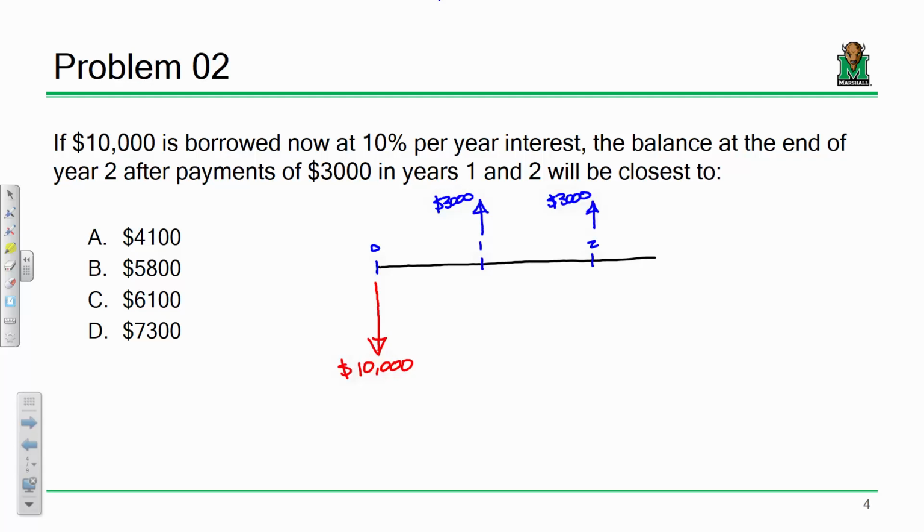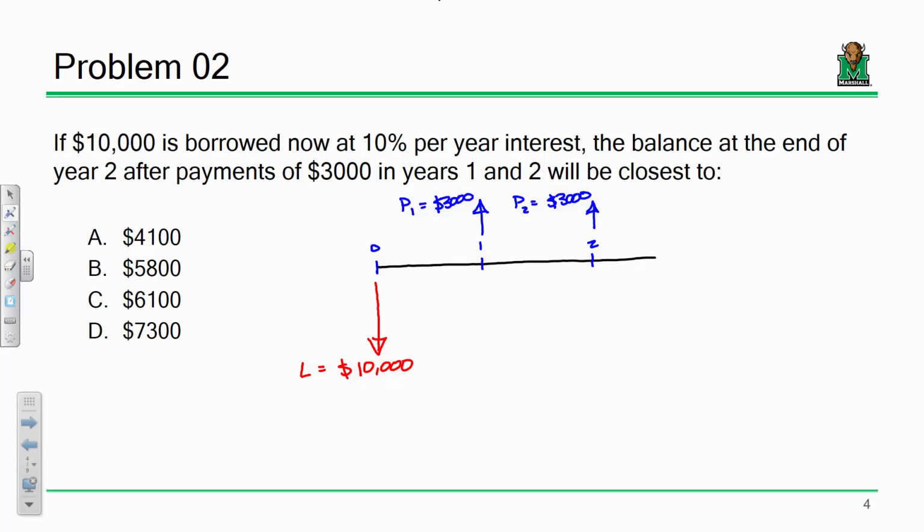What's the future value in year 2? How do I do that? There we go. Let's come up with some names for this. Let's say this is the loan, this is payment 1, this is payment 2.